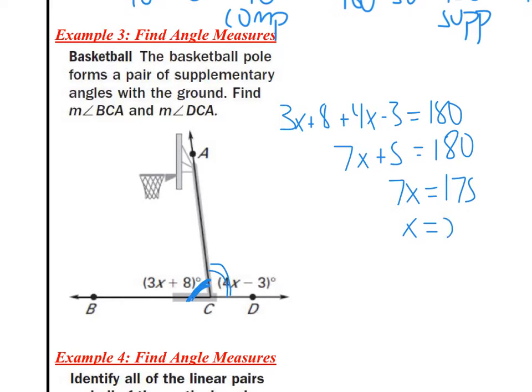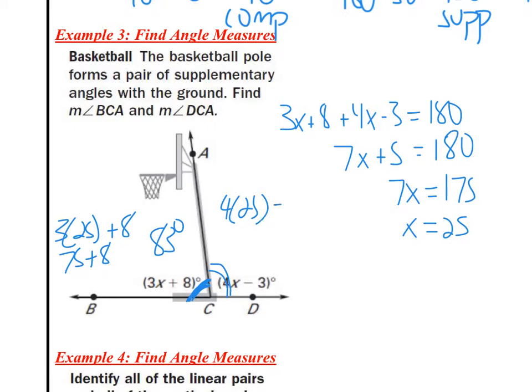That means x is 25. Now I have to actually find their measures. So 3 times 25 plus 8 is 75 plus 8, which is 83 degrees. And 4 times 25 minus 3 is 100 minus 3, which is 97 degrees for the two angles.